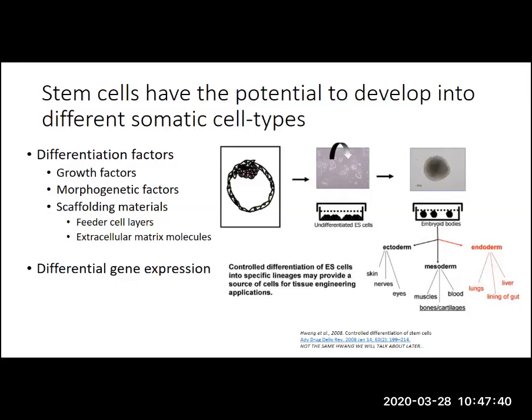And it's also been learned that just simple extracellular matrix molecules like laminin or fibronectin, putting those proteins, glycoproteins, onto the plate of a tissue culture dish will start to cause some of these embryonic stem cells to differentiate.